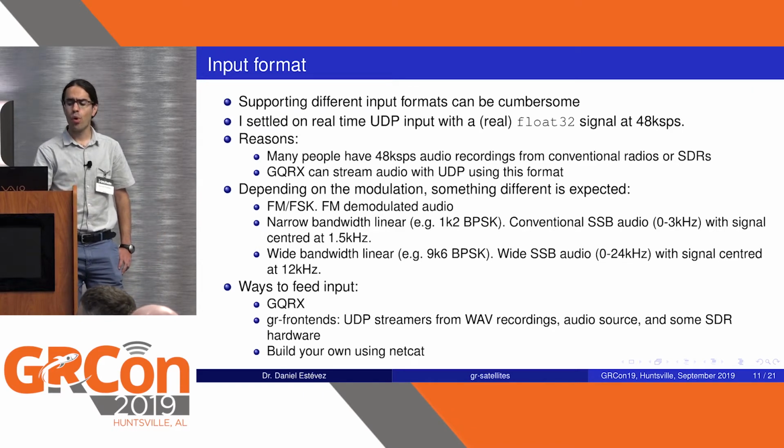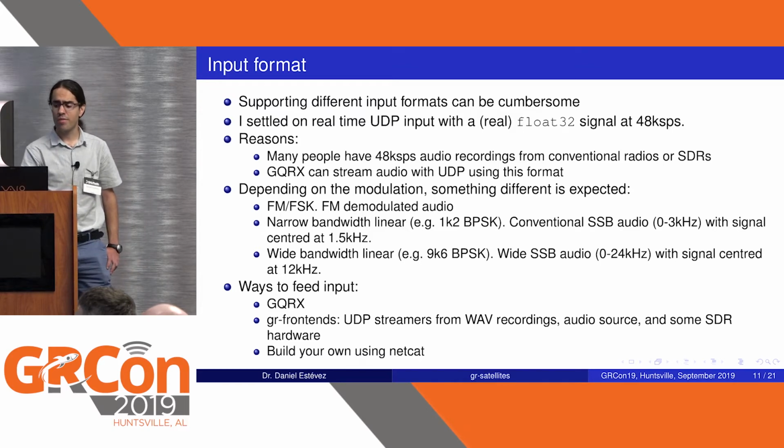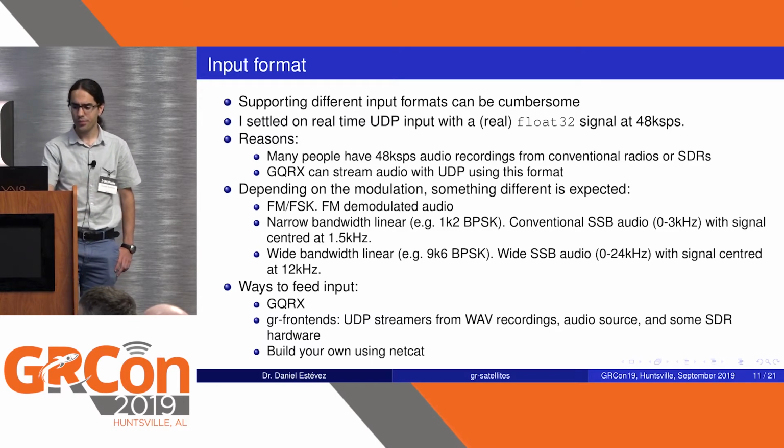But there are also some wider linear modes which don't fit into the conventional SSB bandwidth, such as 9k6 BPSK, and for that, you usually need to use SDR software, and what the decoder there expects is to have the wideband signal in a 0 to 24 kilohertz bandwidth centered in the middle of the passband.